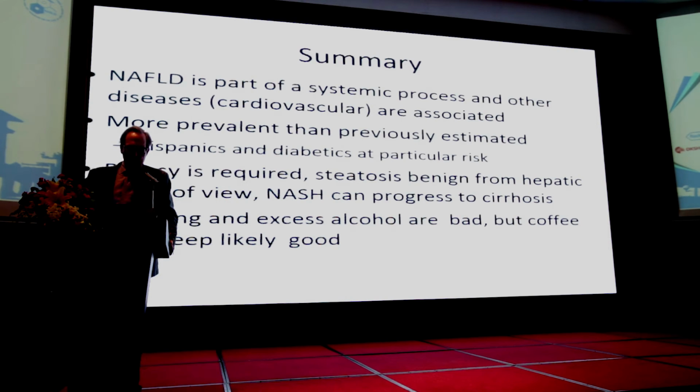So as I finish my presentation, you have to think about NAFLD not as a liver disease, but as a systemic disease. The largest number of patients with fatty liver die from cardiovascular events. Inflammation of the heart and vessels. Number 2 cause of death in NASH patients is cancer.